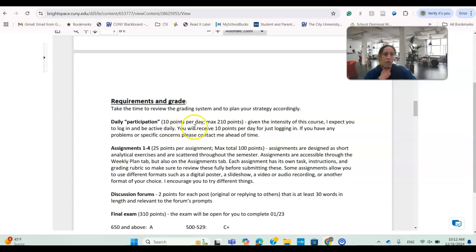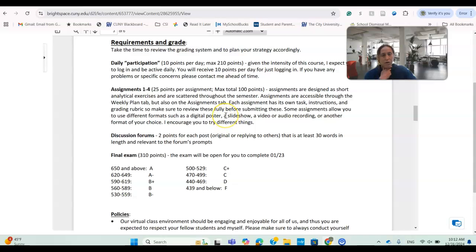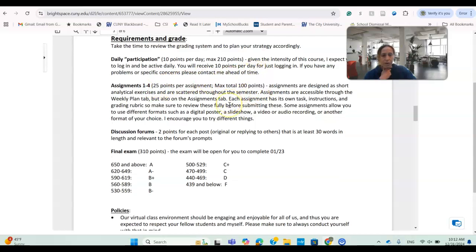So if you log into all days during the semester, you will earn 210 points. If you miss a day or two, you will earn a little bit less. For the assignments, there will be 4 of them throughout the semester, and you can earn up to 25 points each for a total of 100 points.